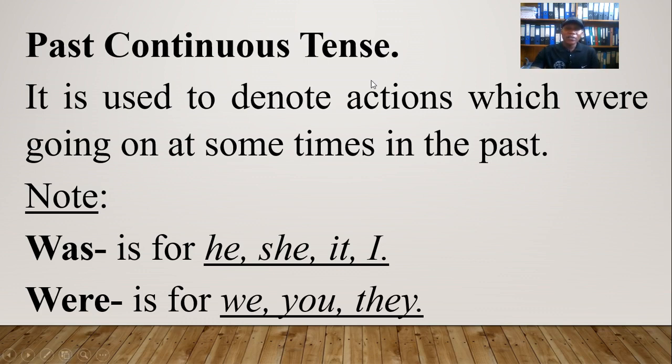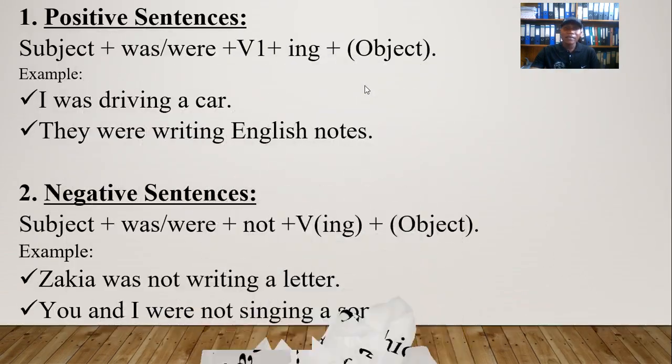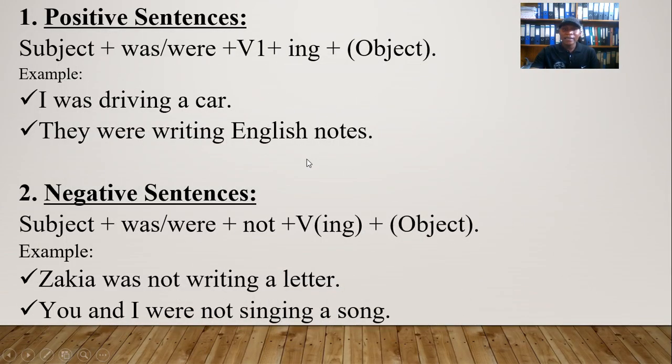Now, you are welcome to see how these words are applied in past continuous tense. As I told you earlier, every sentence is categorized into 4 forms, which are positive form, negative form, question form, and question negative form, as you can see on your screen.